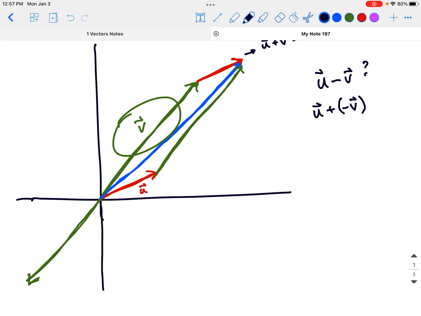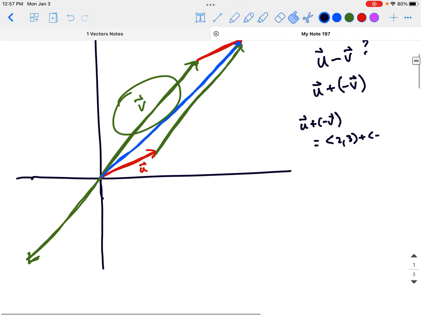And so if we kind of do our algebra here, so U plus negative V is going to be 2, 3 plus, now it's going to be negative 4, negative 7. So we're taking the opposite x, y values here because we're going in the opposite direction.